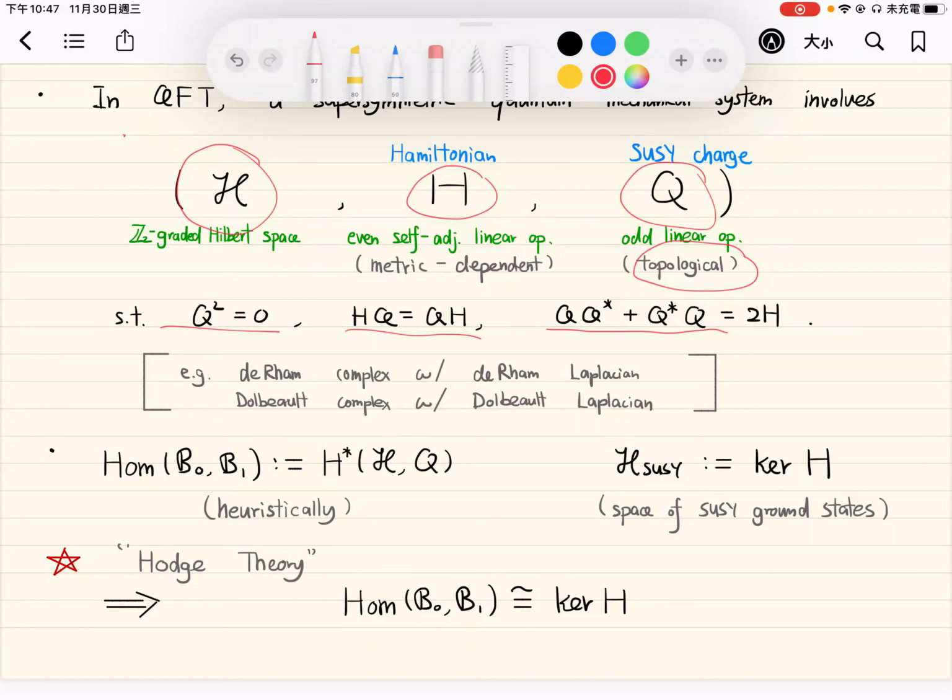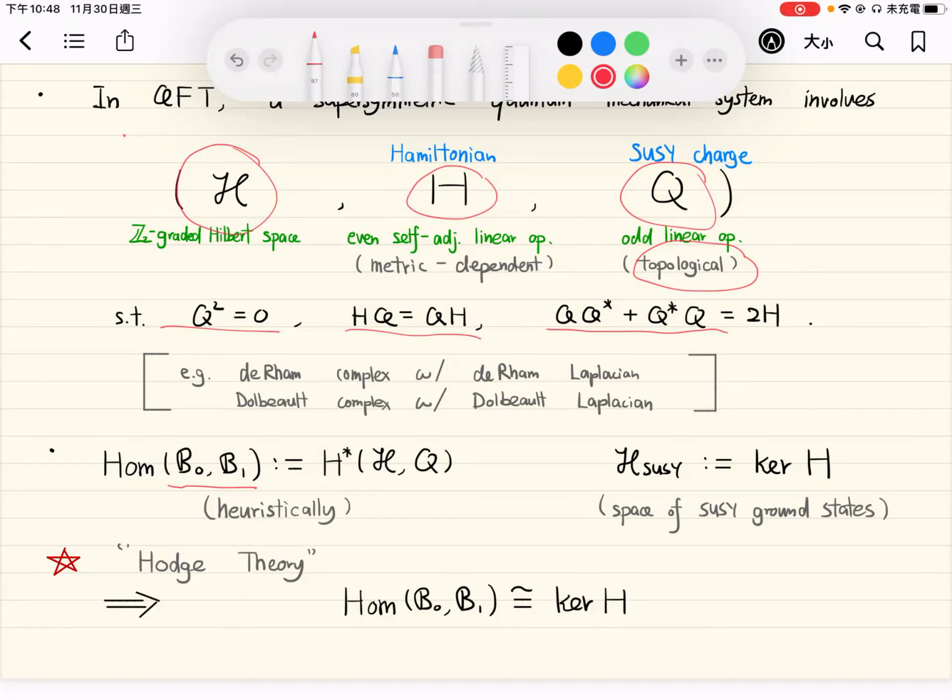So now, heuristically, if we have a pair of branes, B0 and B1, the morphism space between them should be defined as the Q cohomology. And there's another space called the space of supersymmetric ground states, because we know that the physical interpretation of the eigenvalues of the Hamiltonian operator is the energy level. By ground state, we mean the state of zero energy.